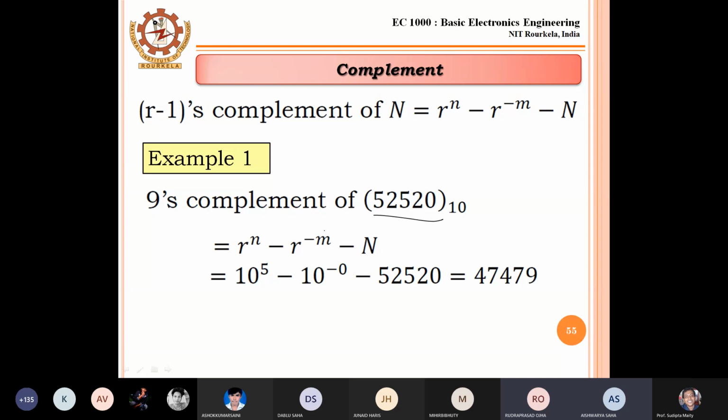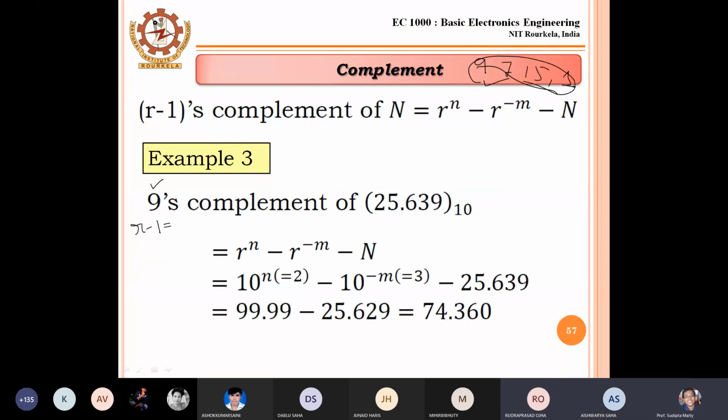That's why it's confusing. What is your query? I want to find the 9's complement, not the 10's complement. If it is the 9's complement, you have to use the R minus 1's complement formula, and the formula is this one. You have to process the formula; you cannot skip this one. Now your doubt is clear, na? Yes, sir, thank you.